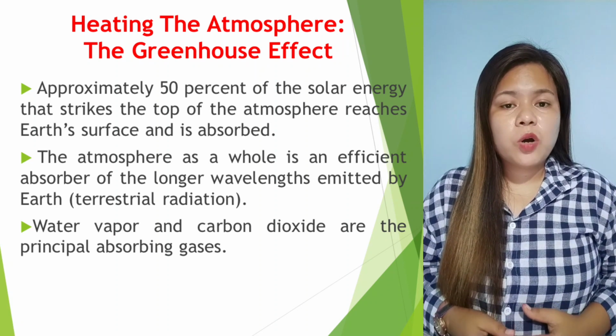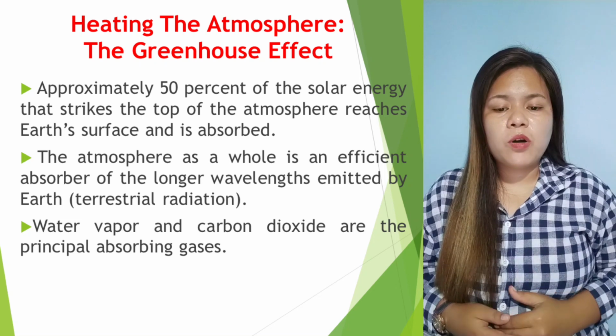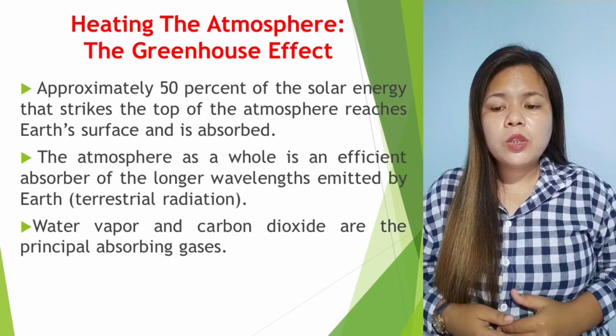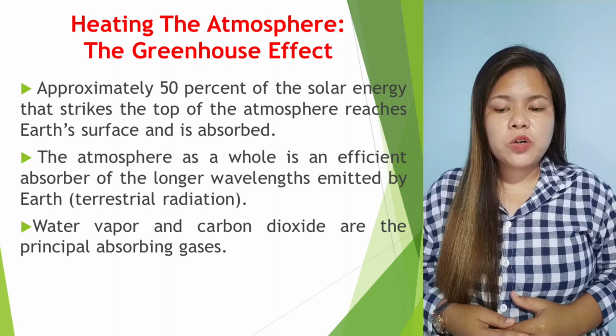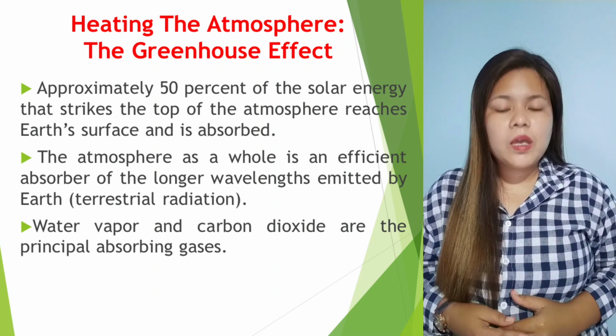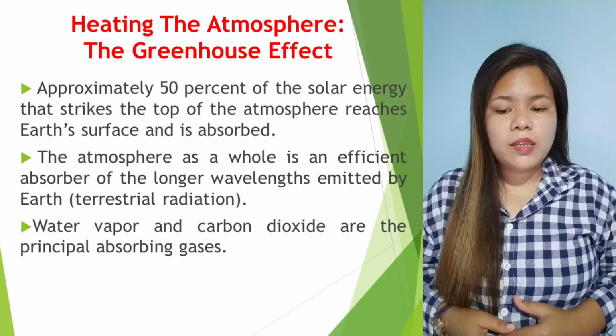Water vapor absorbs roughly 5 times more terrestrial radiation than do all other gases combined and accounts for the warm temperature found in the troposphere, where it is most highly concentrated.